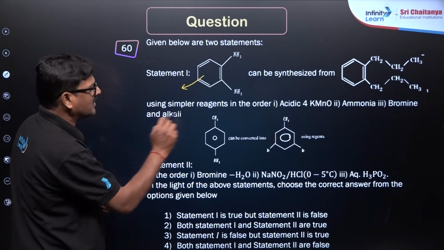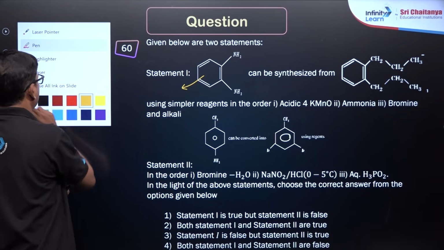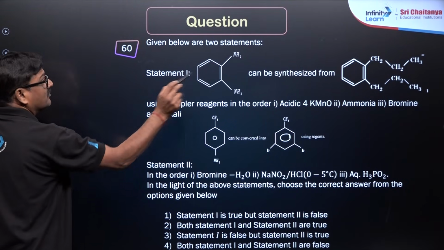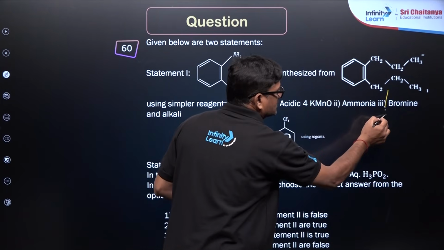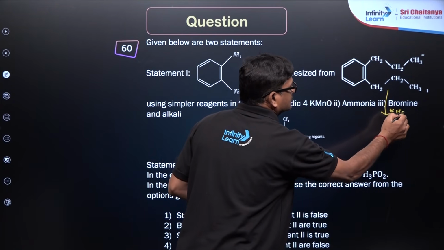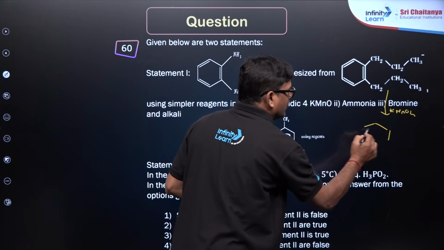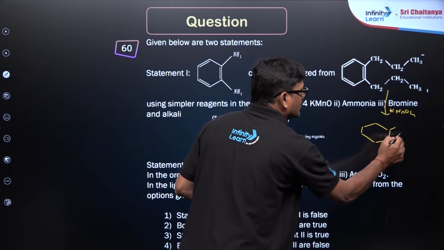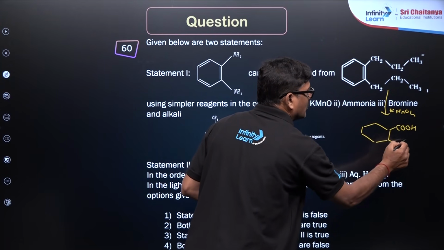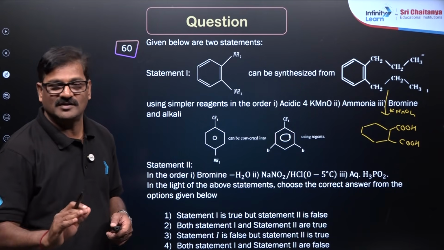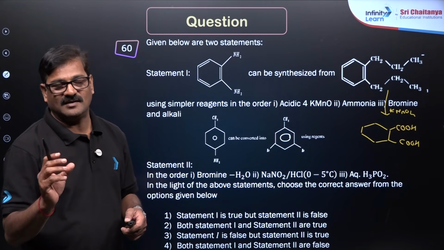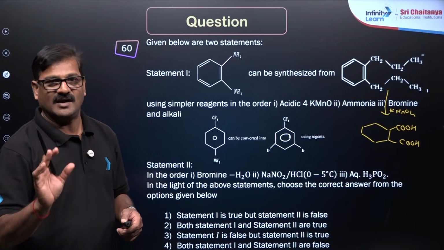If you use KMnO4, any alkyl benzene is going to give rise to the corresponding benzene carboxylic acid, as long as a pi bond is present on the benzyl carbon and there is a benzyl hydrogen.